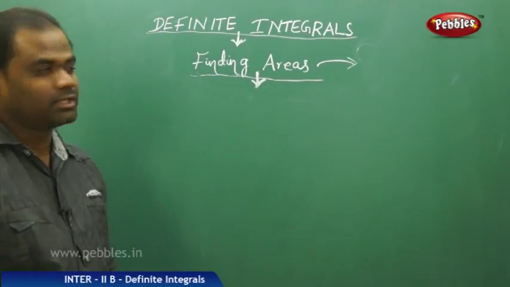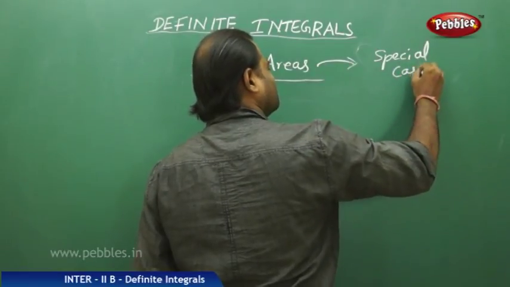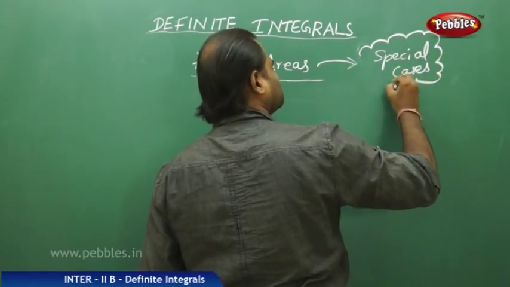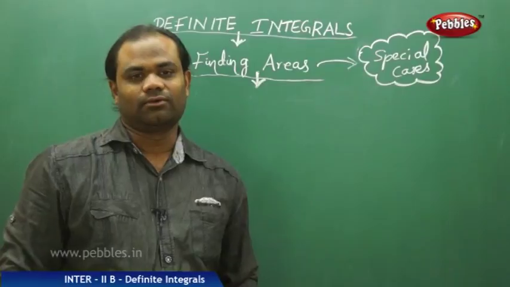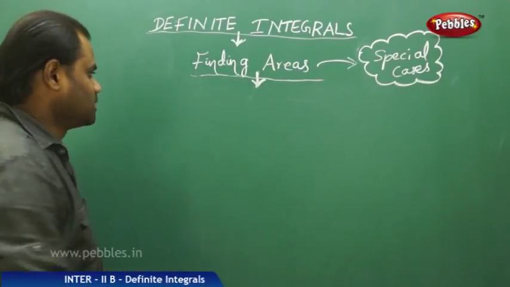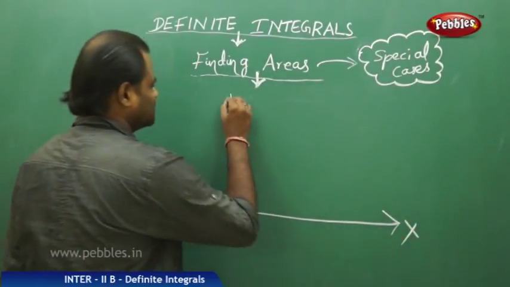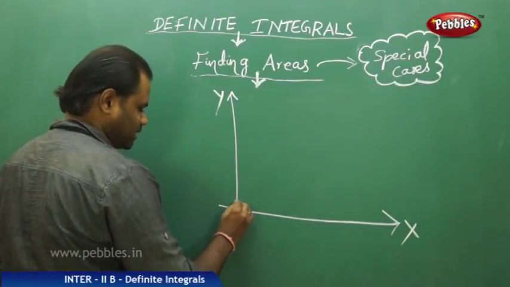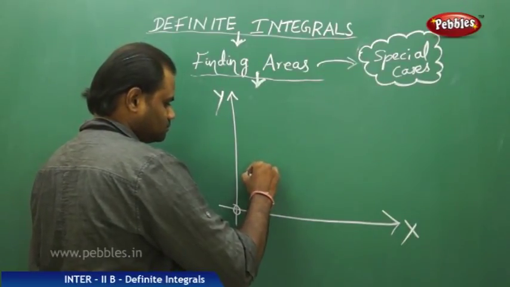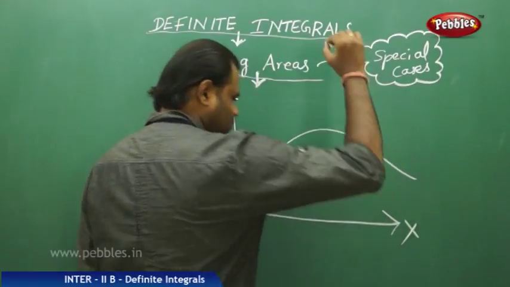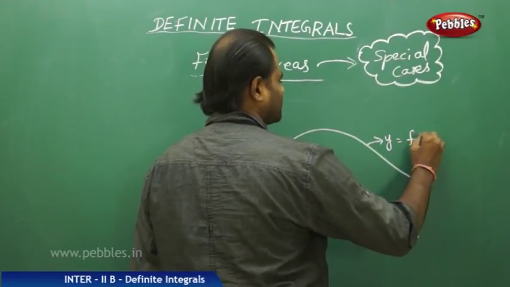Now let's see some special cases of finding areas. As we have seen the general formula, now comes the different special cases through which we understand finding the areas of various types of curves. Say for example, I have my x-axis and I have my y-axis, and here is origin, and then say I have the curve y equals f of x.